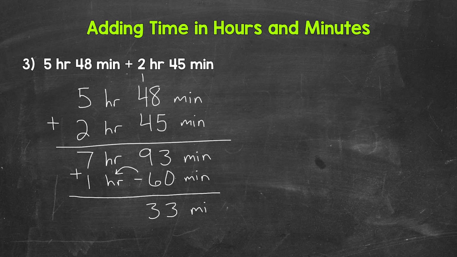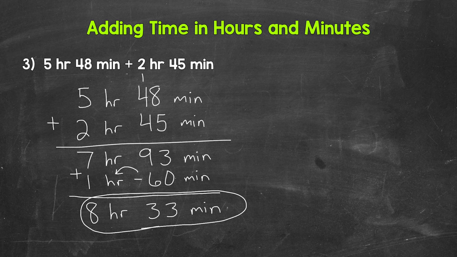So we end up with 33 minutes. Now for our hours. We have 7 hours plus that 1 hour that we regrouped. 7 plus 1 gives us 8 hours. And this is our final answer. 5 hours and 48 minutes plus 2 hours and 45 minutes equals 8 hours and 33 minutes.